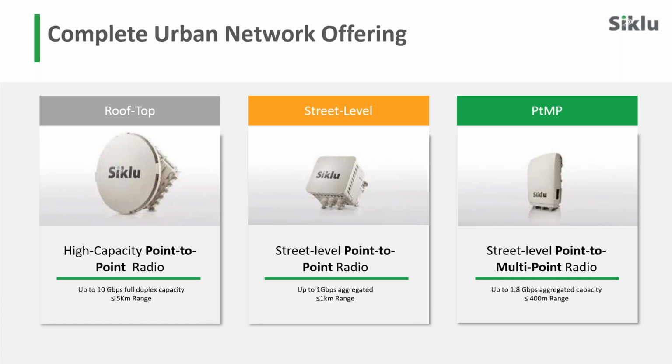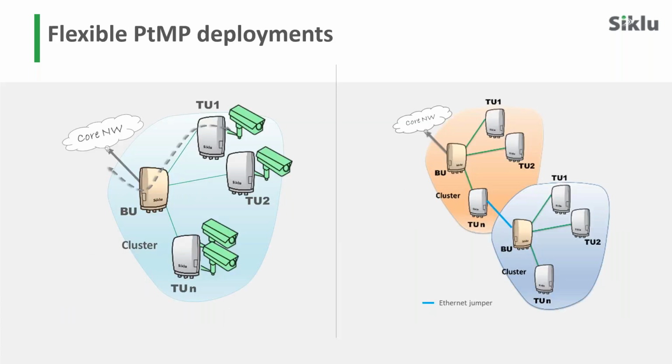So the subject of the discussion is MultiHaul and point-to-multipoint. Traditionally, a point-to-multipoint deployment looks as we see it here. We have base units which normally connect to the core network and can serve a number of terminal units in the sector, up to 8 terminal units currently.